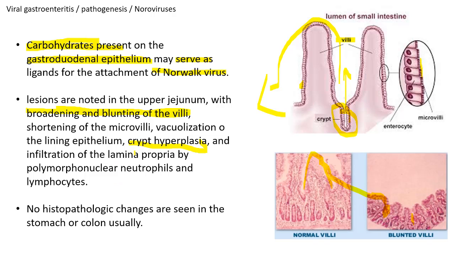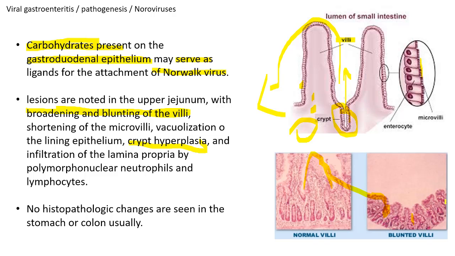And also the lamina propria underneath here will be infiltrated by immune cells that come to the site following infection of the virus. So it's a general inflammatory state in the gastrointestinal tract. A similar picture can happen, for example, when a person with celiac disease ingests gluten.